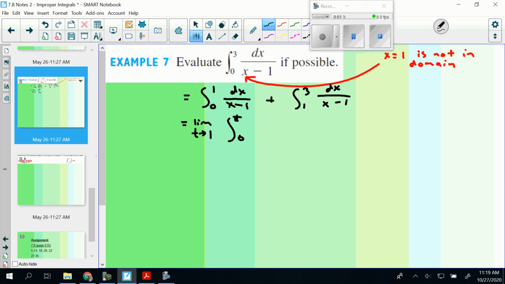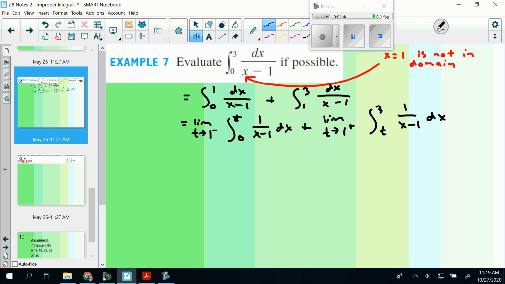If we were traveling from 0 to 1, that'd be approaching 1 from the negative side of this function. Plus, now we're doing another limit over here as t approaches 1. On this side, we're approaching the bottom limit because that's where 1 is. And on this one, if you're traveling from 3 to 1, that would be coming from the positive side.